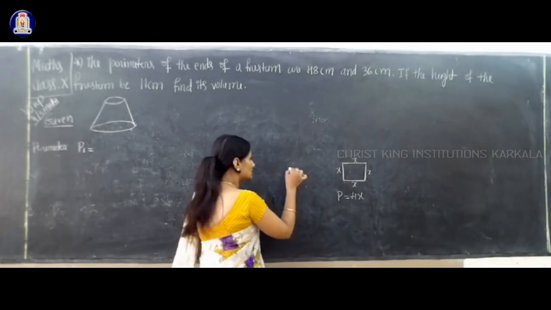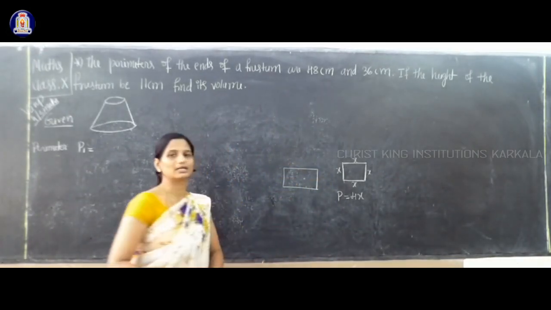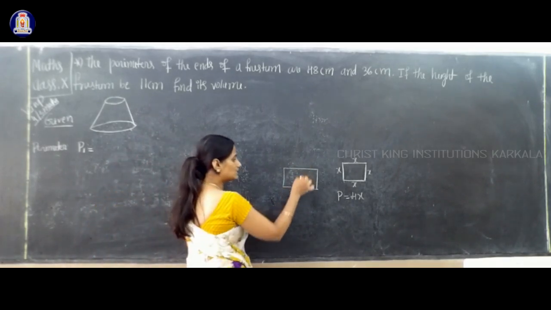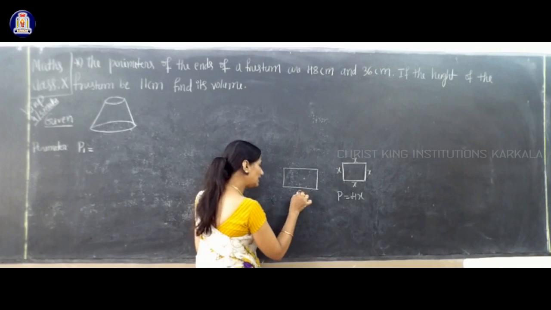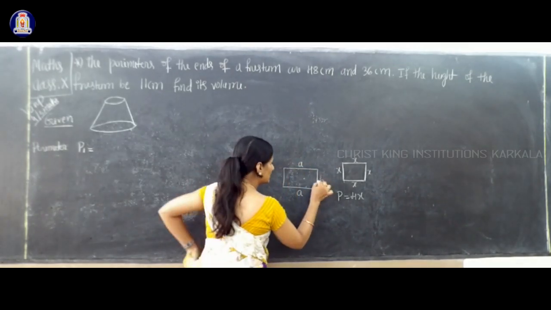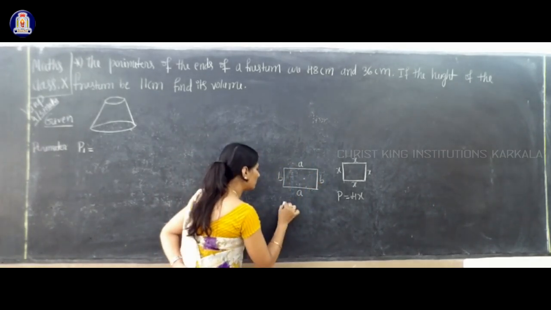Already you know. Suppose it is a rectangle. What is the property of a rectangle? Opposite sides are equal. So I take this side as A, so this is also A, and this side as B, and this is also B. Now tell me what is the perimeter?